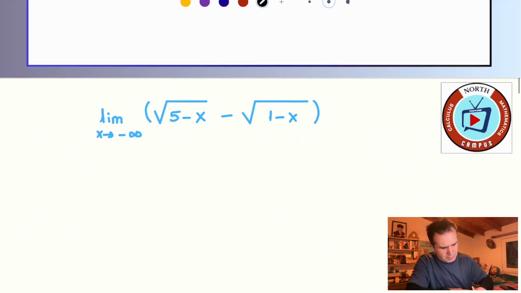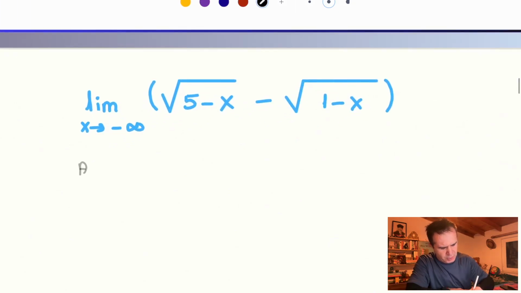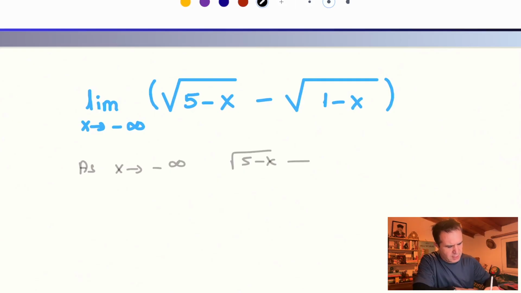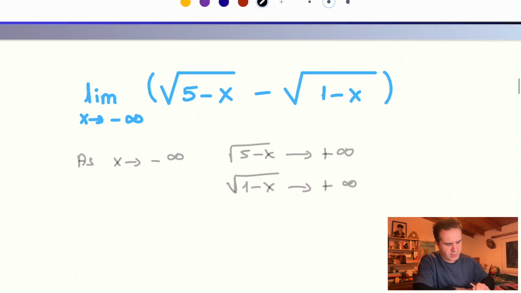As x approaches minus infinity, square root of 5 minus x approaches plus infinity, and as x approaches minus infinity, square root of 1 minus x also approaches plus infinity.